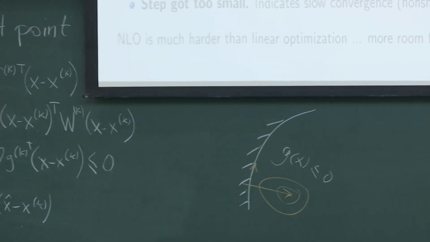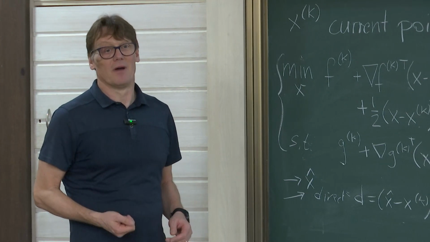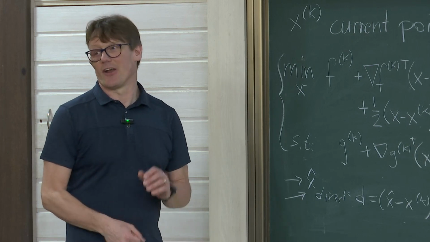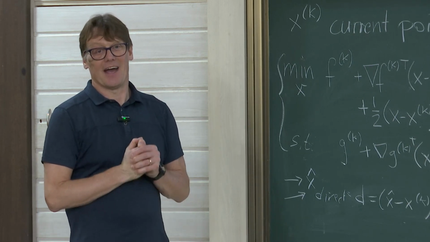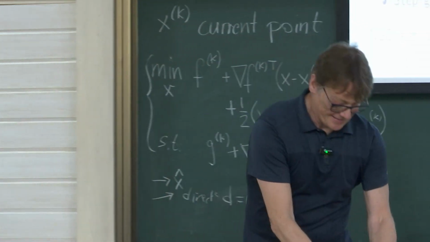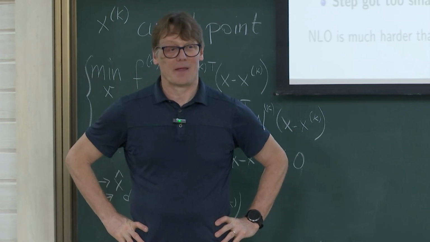So, a long answer for a very short question. Nonlinear optimization is a lot harder. We can do another course just on nonlinear optimization, and I can tell you a lot about it, but great question.